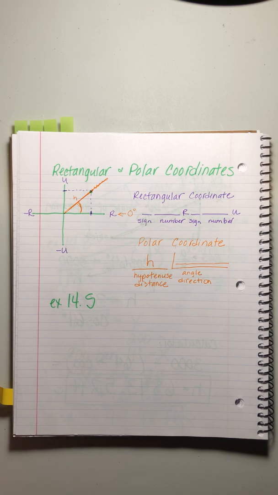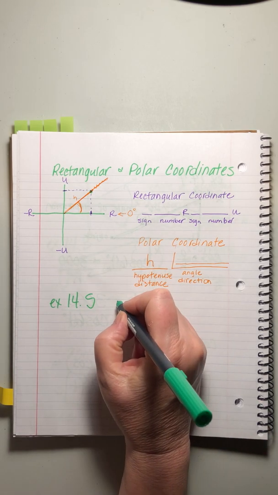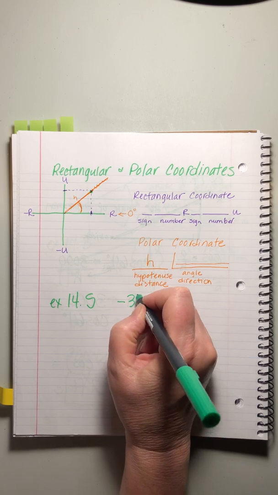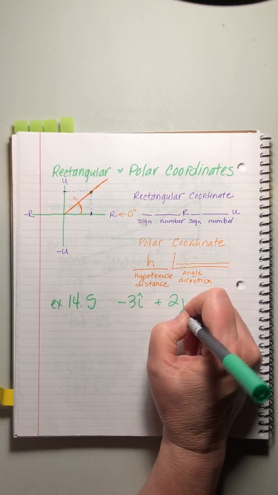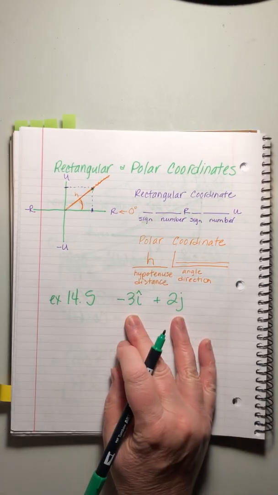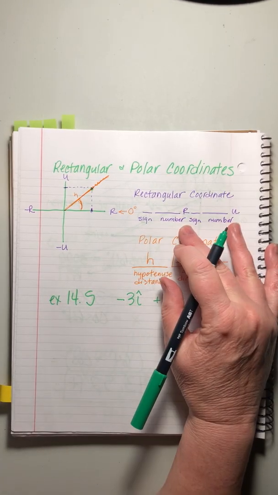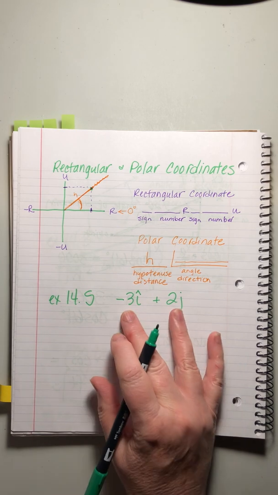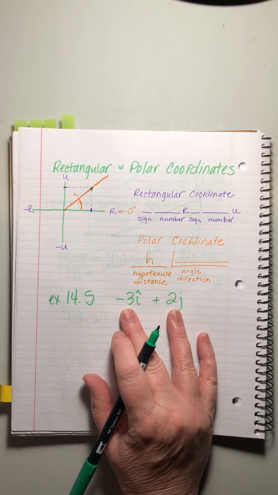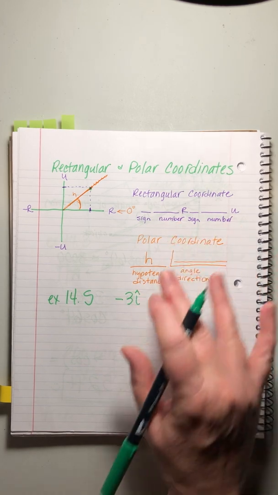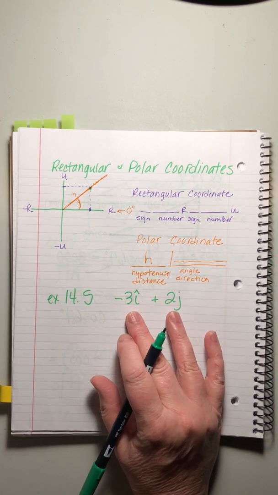Okay, drama, drama, drama. Okay, one thing he does, let me show you the point he gives us. What's this? I's and J's? I said they were R's and U's. Yes, sometimes different mathematicians or different textbook authors will say, oh, I don't want to use R's and U's. I want to use I's and J's.